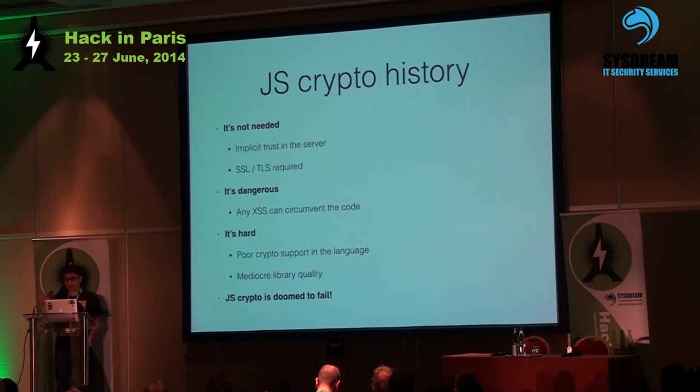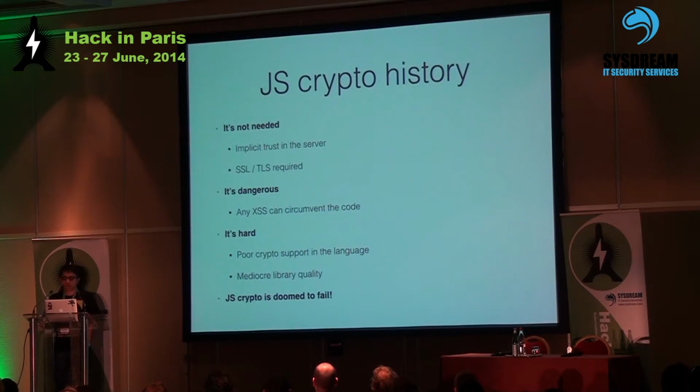And also you need an SSL or TLS channel to protect against tampering with the data by some man-in-the-middle attacker. So if you already have a secure channel of communication, why do the computation on the client side, if you can do all the crypto server side? So this is one of the arguments.